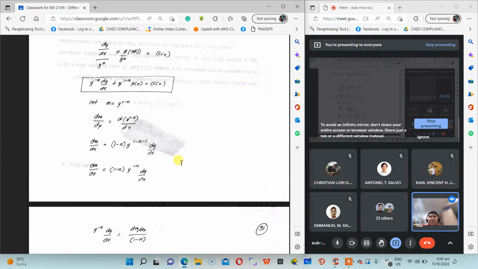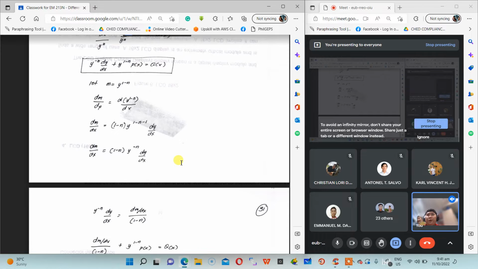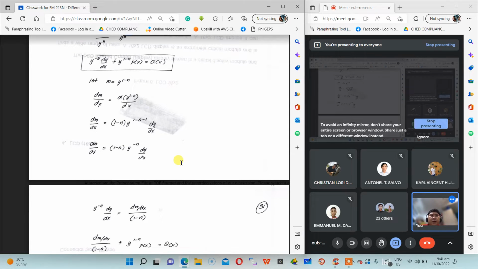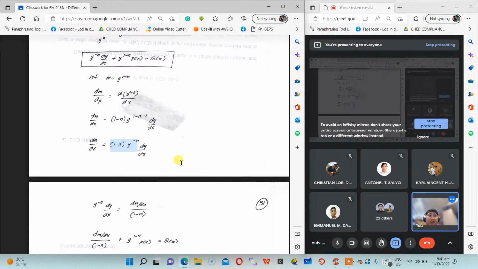Okay. So after that, if you look in this part, see, y raised to the power of negative n is just the first term of this equation, right? So we'll just substitute this one with what we will get here in the differential.